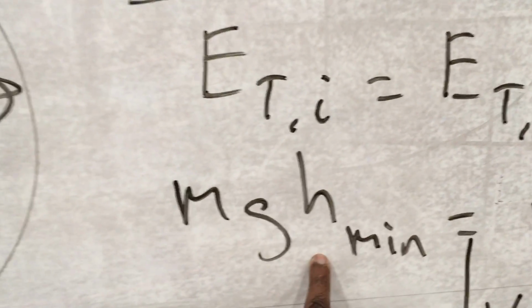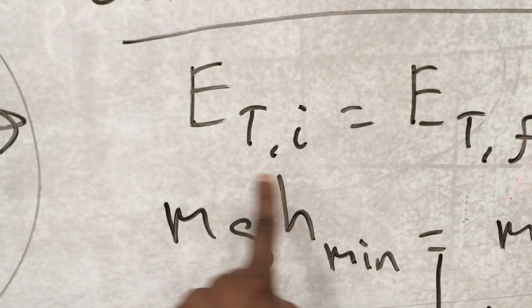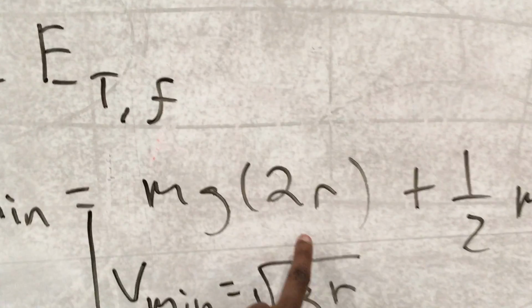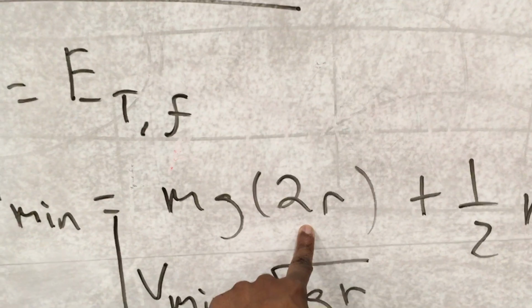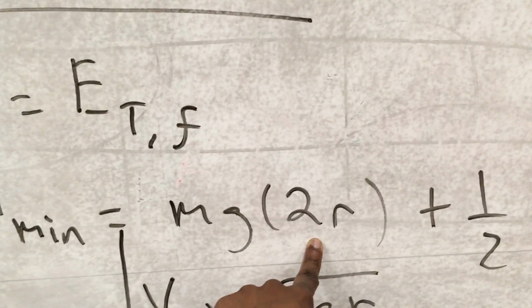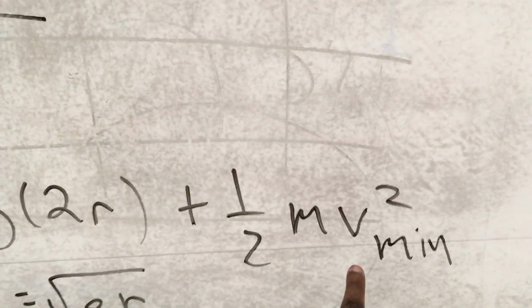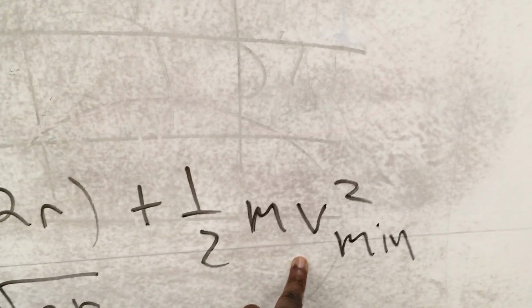We release it from some minimum height with respect to, say, the table, all being in the form of potential energy. And when the object makes it to the top of the loop, it's a distance 2r above the bottom of the track, so it has a potential energy of mg2r, but it also has kinetic energy, 1/2 mv squared.